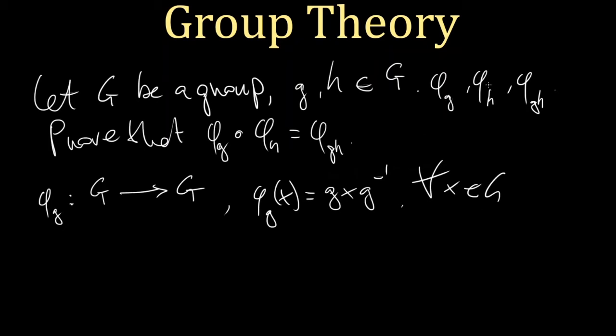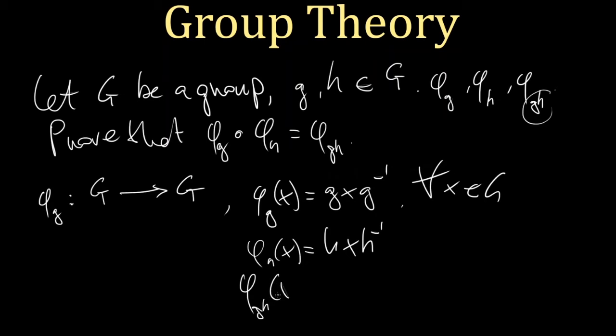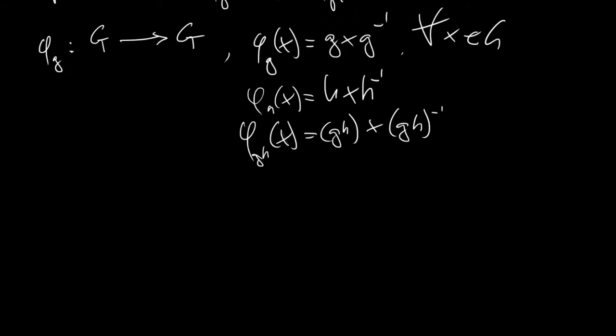So φ(h)(x) will be equal to hxh⁻¹, and φ(gh)(x) will be equal to (gh)x(gh)⁻¹. This is how we define our functions.